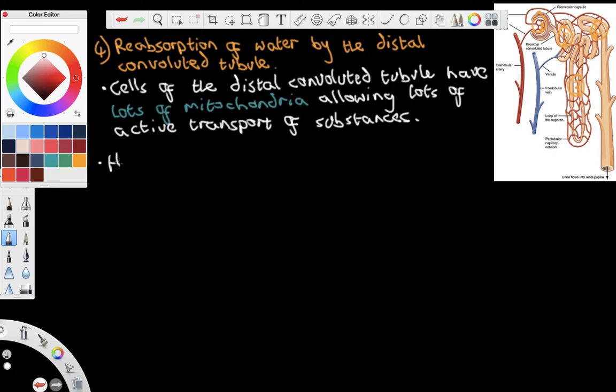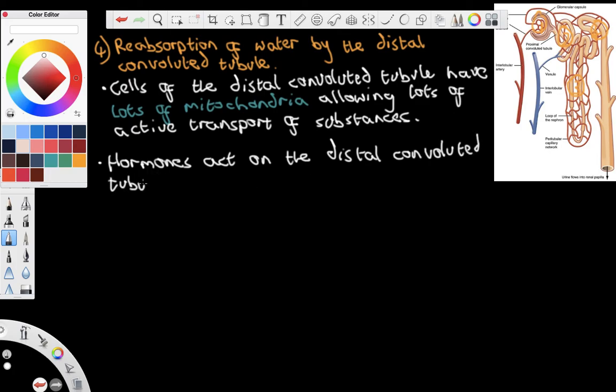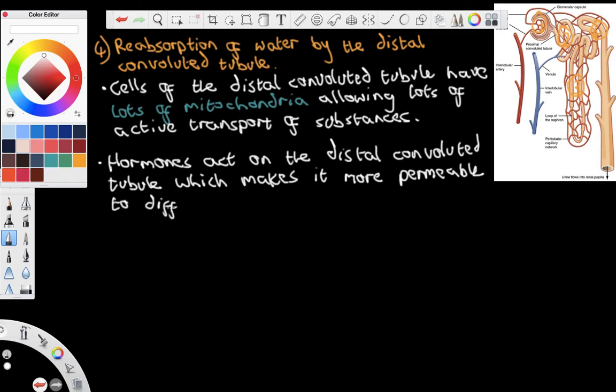So, hormones act on the distal convoluted tubule which makes it more permeable to different substances, and that's all we're going to put.